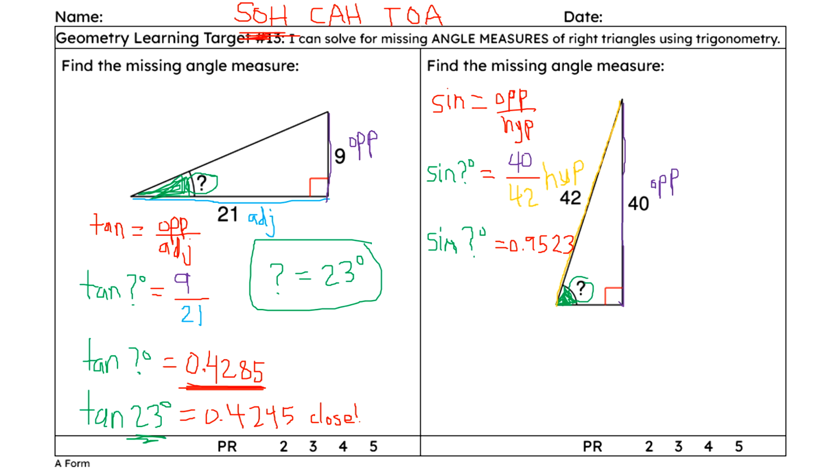All right, I see 0.8387 at 57 degrees. I got to keep going here. Ooh, 0.8988 at 64 degrees. That's getting closer. I'm looking for 0.9523. Ooh, on my chart, I see a couple of 0.95s. At 72 degrees, I see 0.9511. And at 73 degrees, I see 0.9563.